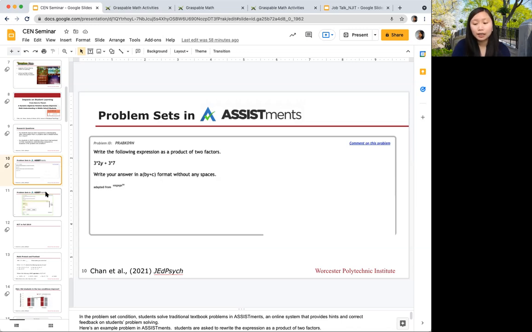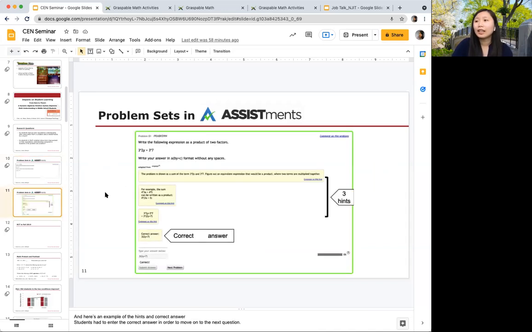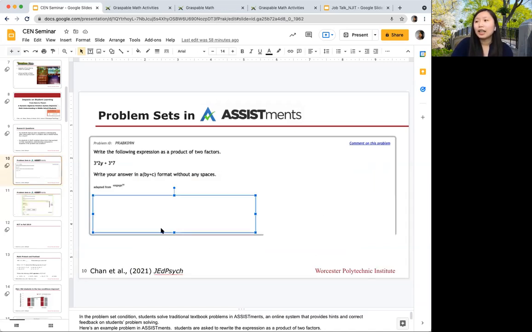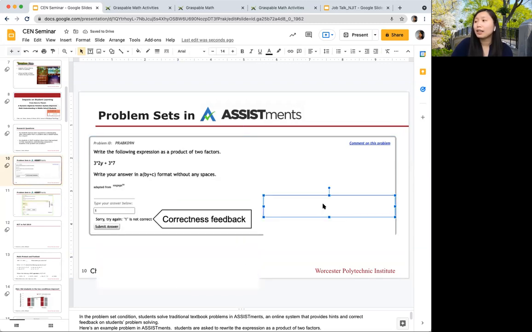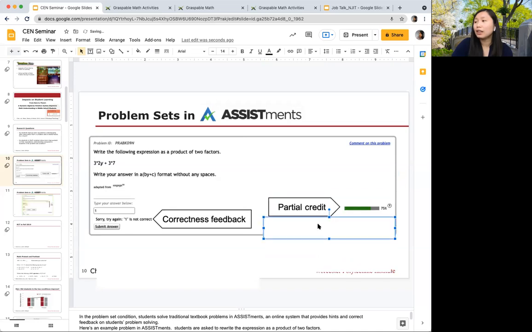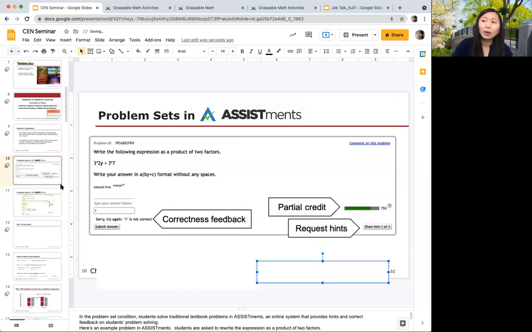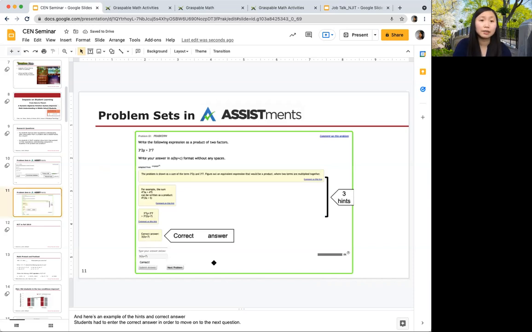But in this platform, students receive immediate hints and feedback. If they answer a question incorrectly, they receive feedback, they also receive partial credit, and they can request hints that provide some support for their problem solving.